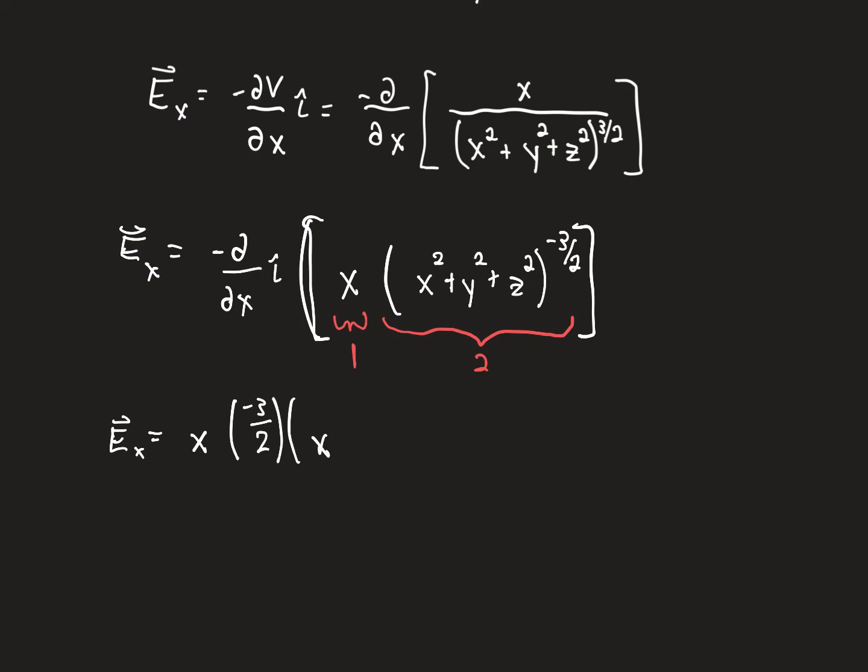So I have x squared plus y squared plus z squared. And then the exponent, I need to subtract 1 from it, and that becomes my new exponent. So negative 3/2 minus 2/2 gives me negative 5/2.